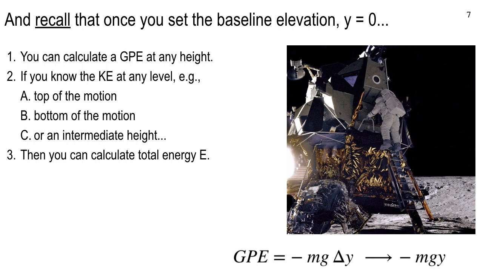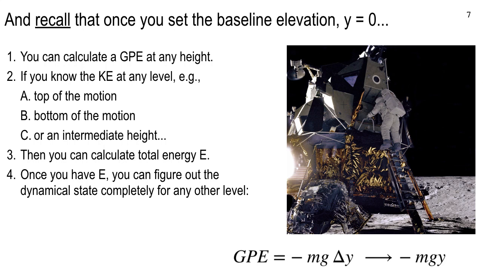So it goes like this: calculate GPE, calculate or be given kinetic, calculate total mechanical energy at that level. And then the total mechanical energy is that same number all the way up and down the table. So you have ditto marks everywhere in the total mechanical energy column.